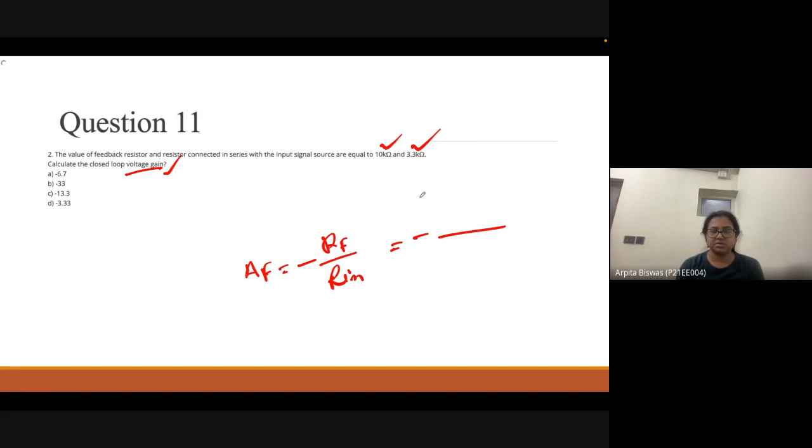The feedback resistor is 10 kilo ohm. And what is the value of the input resistance? It is 3.3 kilo ohm. So what is the value of it? It will be equal to minus 3.03. Okay. This is the answer. The right option is option D.